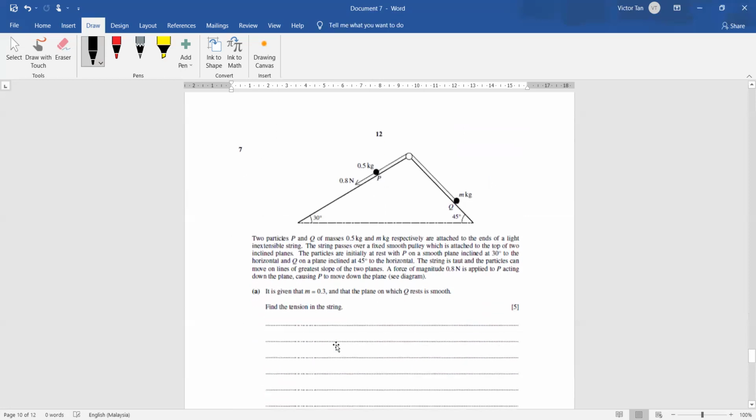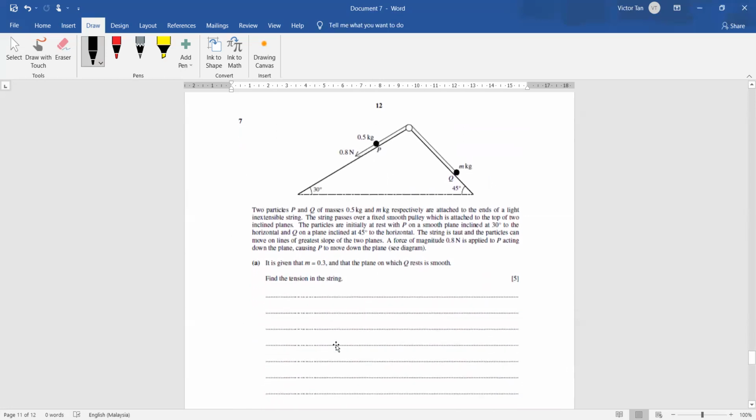Okay, last question. Now, this paper is quite friendly because most of the questions have diagrams. Two particles P and Q of masses 0.5 and m kilograms are attached to the ends of a light inextensible string. The string passes over a fixed smooth pulley, which is attached to the top of two inclined planes. The particles are initially at rest with P on a smooth plane inclined at 30 degrees to the horizontal, Q on a plane inclined at 45 degrees to the horizontal.